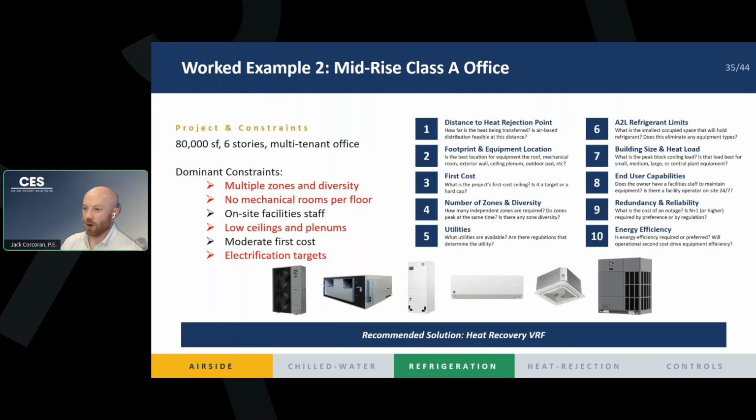They're super smart, and with all the electrification and saving money on operation, this is going to be an awesome solution, especially at part loads, with the modulation that it can do. So for our 80,000 square feet, 6-story multi-tenant office, we'll probably go with the VRF system. We don't have any mechanical room and we have low ceiling heights.